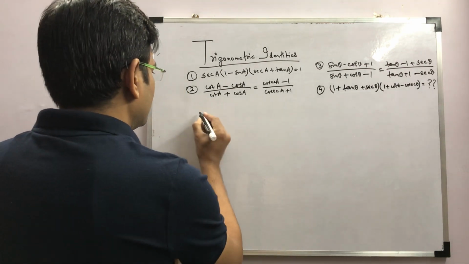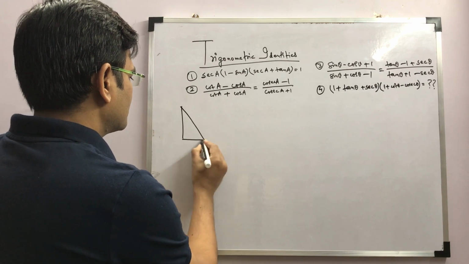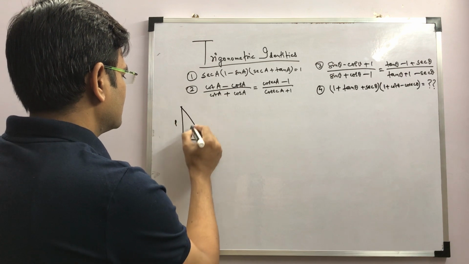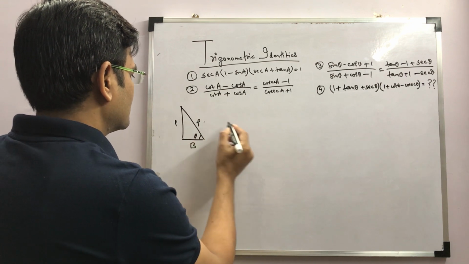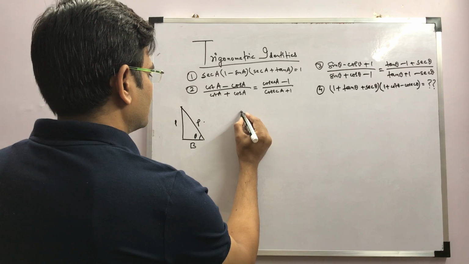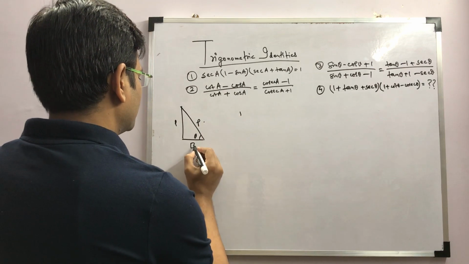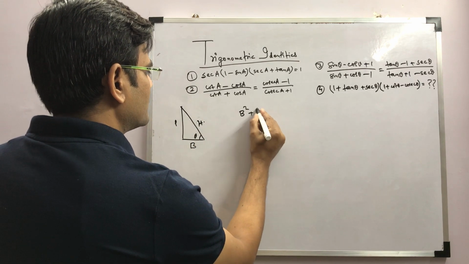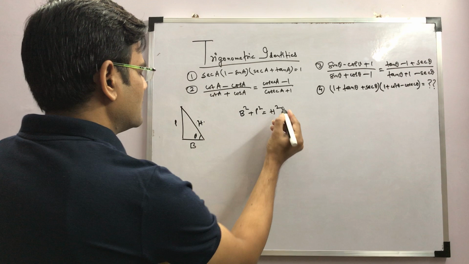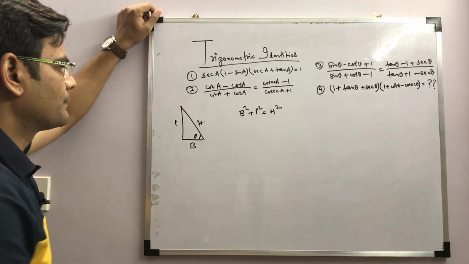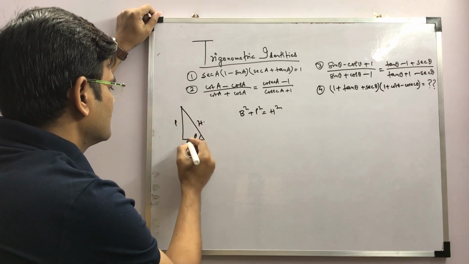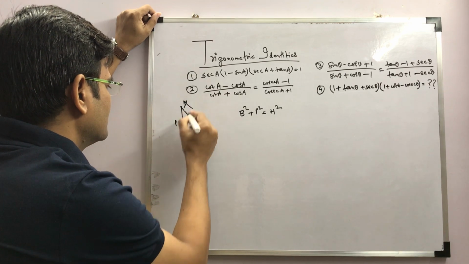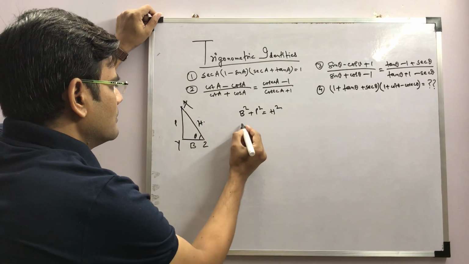What is the Pythagoras theorem? I'll start with the basics. This is theta, this is the perpendicular, this is the base, this is the hypotenuse. Base square plus perpendicular square equals hypotenuse square. Now let's take a triangle XYZ.